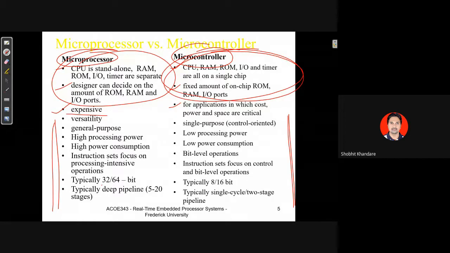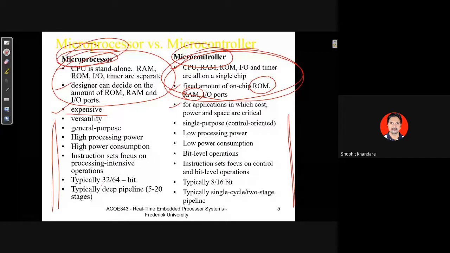In all your home appliances, microcontroller is present because microcontroller का काम है specific task करना. इसलिए जितना काम है उतना आप उसमें रॉम का fixed amount कर सकते हो, fixed amount का रैम कर सकते हो, because the task is predefined.